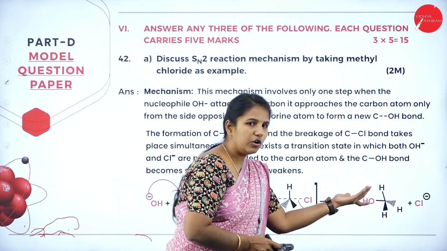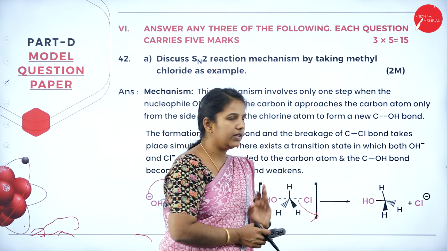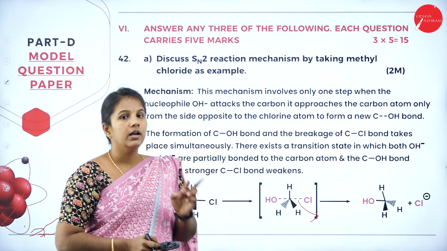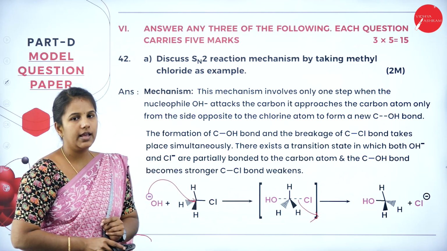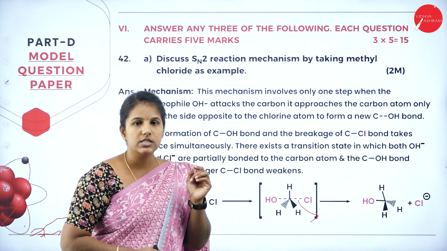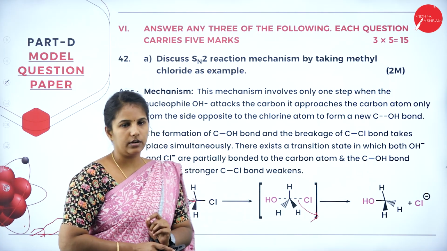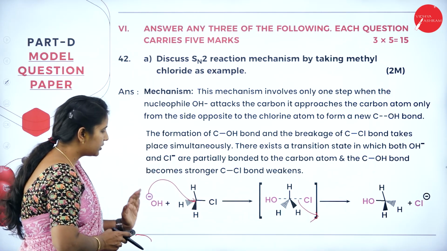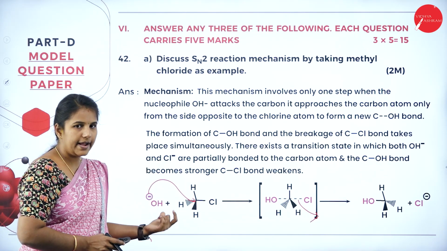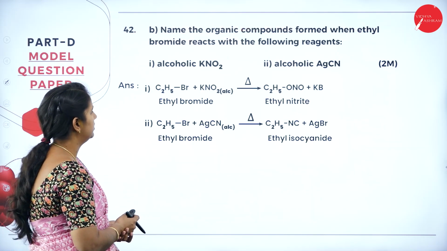It forms an alcohol, the name of this alcohol is methyl alcohol, by leaving the halogen. This mechanism follows a second order reaction, hence it is known as what? SN2 reaction mechanism, that is substitution nucleophilic second order reaction. Because the reaction depends upon the concentration of both the reactant as well as the nucleophile, hence it is a second order reaction.